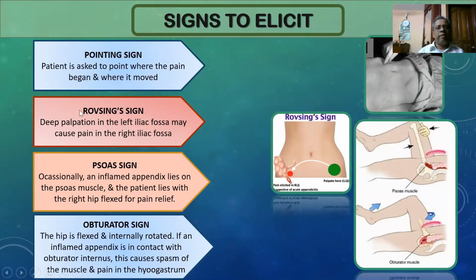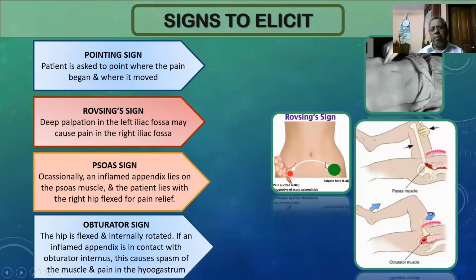Robson sign is a very important sign. If an inflamed organ has moved from a remote area and the patient feels pain at the site of the organ, it is more confirmatory. If you place your hand on the left iliac fossa and make pressure, the viscera migrate to the right side, so the pressure is transmitted to the right iliac fossa contents, causing movement of the appendix and parietal peritoneum.